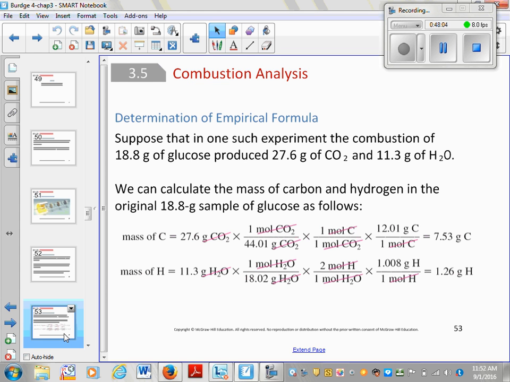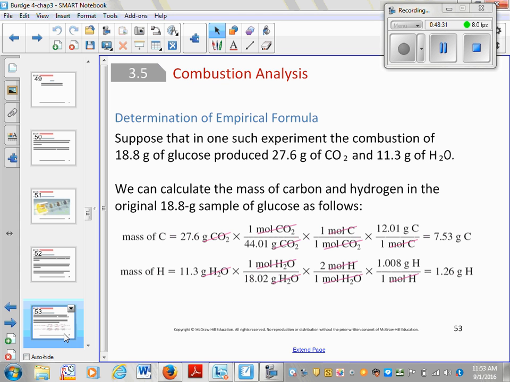So I'm starting off with the mass of carbon dioxide. So I'm starting off on my road map here with grams of A. I want to figure out how much carbon. Now, carbon is not the same as carbon dioxide, so I want to figure out how many grams of B.